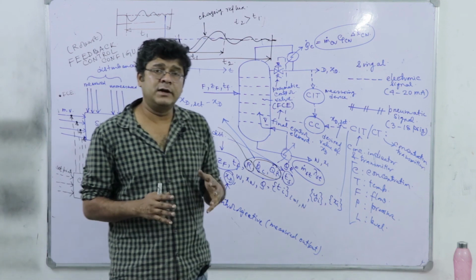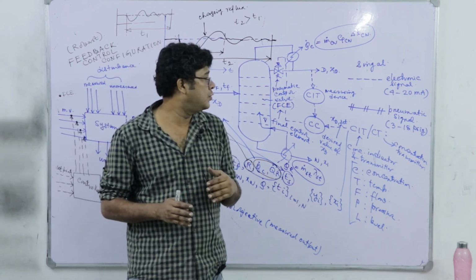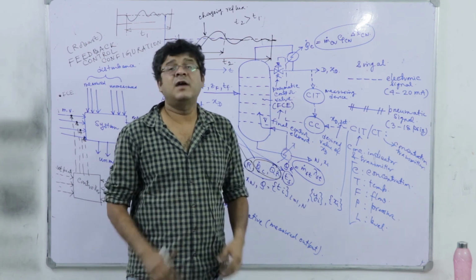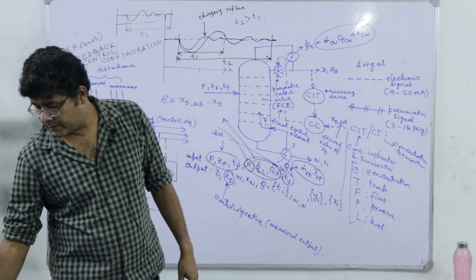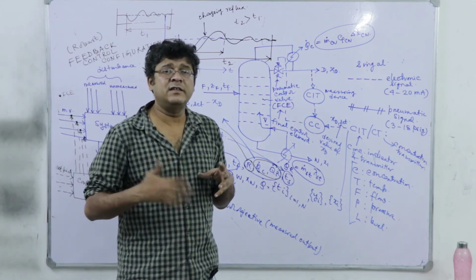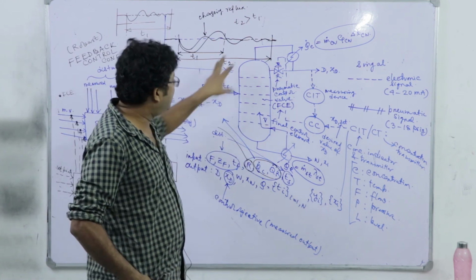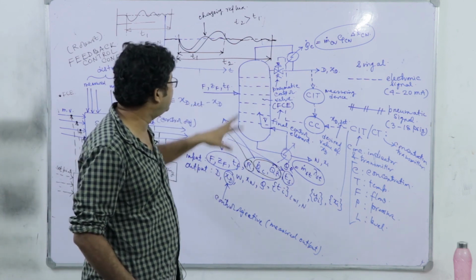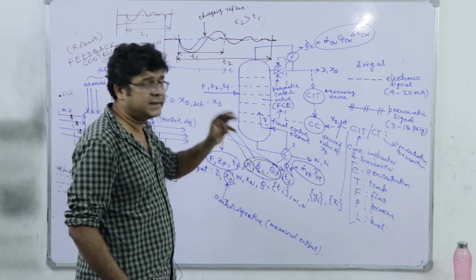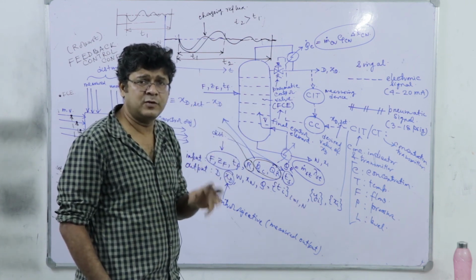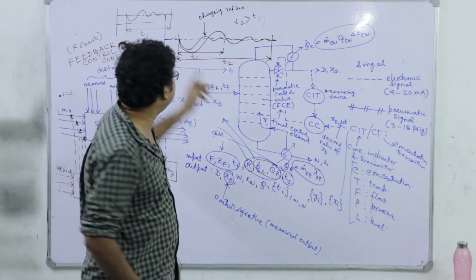So, if I want to reduce the time, what we have to do? We have to foresee that, or we have to actually study the performance of this equipment over a long period, a long time interval, and we have to detect that specific disturbance, specific variable of disturbance group which is causing the deviation.